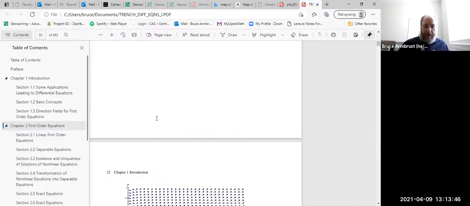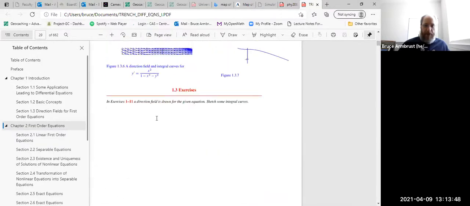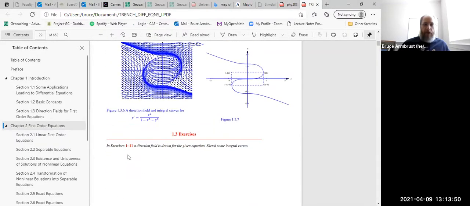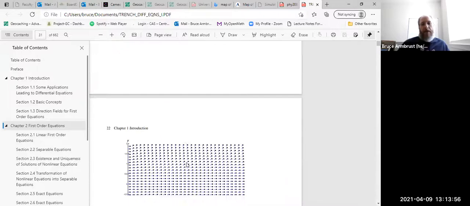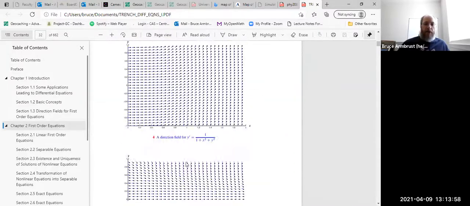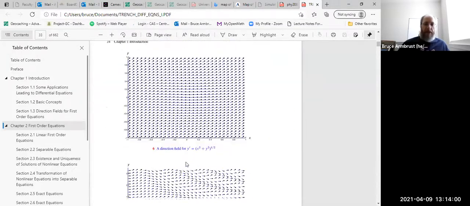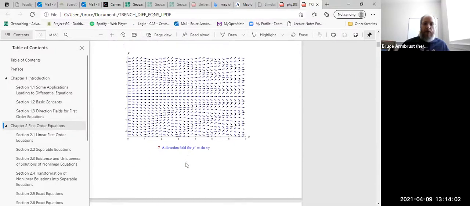I got to see what it actually says to do. All right, so in 1 through 11, a direction field is drawn for the given equation. Sketch some integral curves. Integral curves just means plot some solutions to this differential equation.